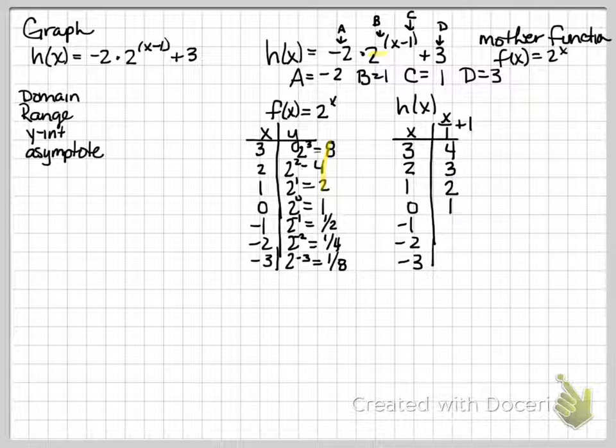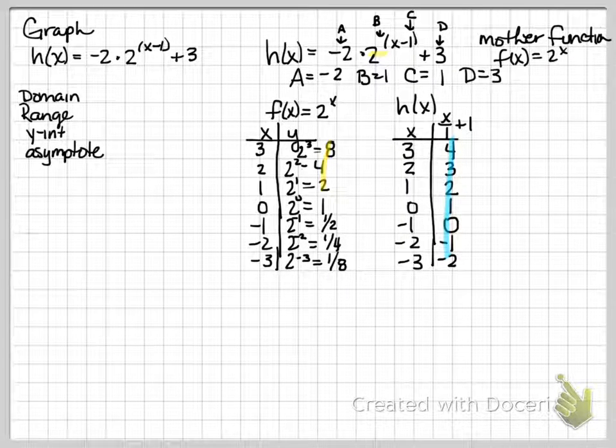Negative 1 divided by 1 is negative 1, plus 1 is 0. Negative 2 divided by 1 plus 1 is negative 1. Negative 3 divided by 1 plus 1 is negative 2. So these are our new x values. Sorry about that. I was trying to get the highlighter to work.